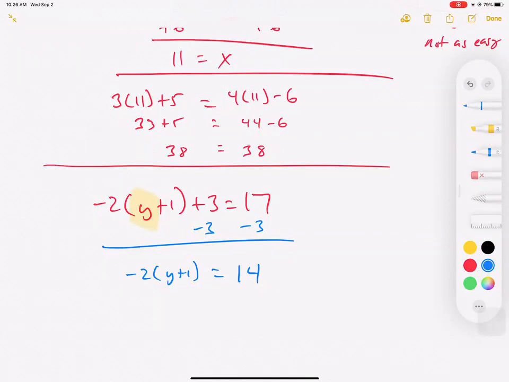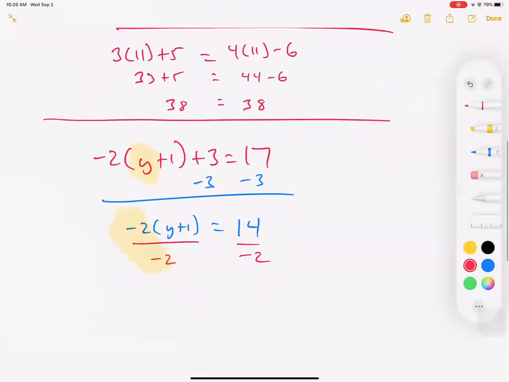Is that adding, subtracting, multiplying, or dividing? It's multiplying. So, the opposite of multiply, thank you, Rocio, is divide. So I'm going to divide both sides by negative 2. What's a negative divided by a negative? That becomes a positive, and that cancels out. And we're left with y plus 1 is equal to negative 7.